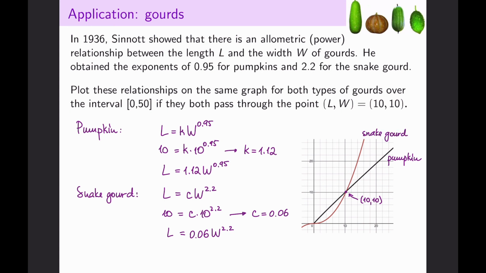What we notice too is that in the interaction between them, for small values of the width, the pumpkin will grow to be longer than the snake gourd, whereas afterwards the situation gets flipped: the smaller power will fall below the larger power, and the snake gourd will dominate in terms of the actual length.